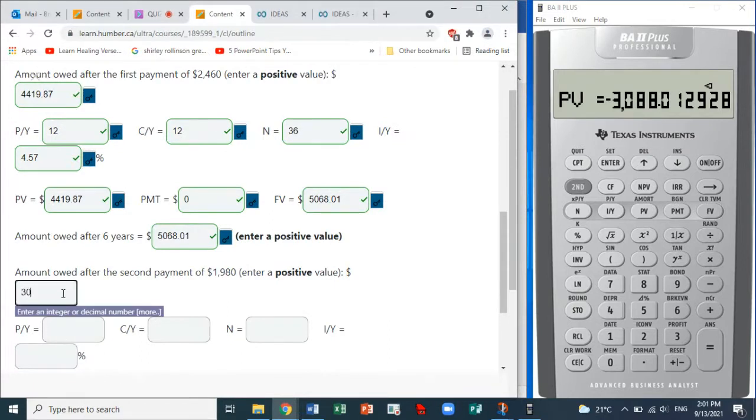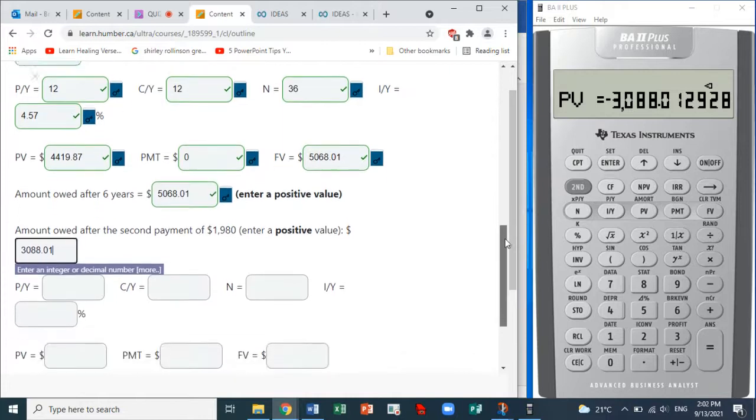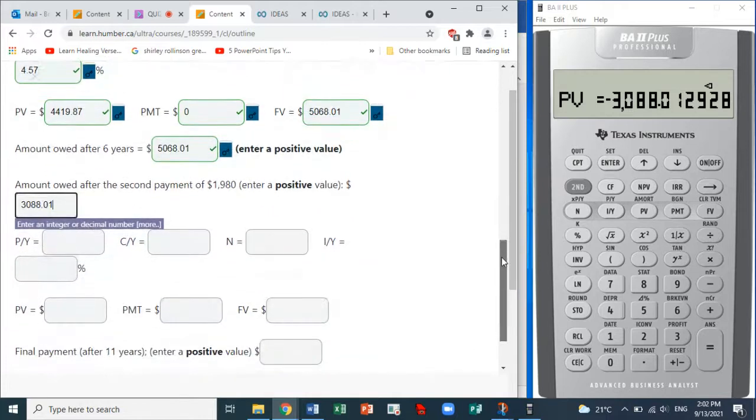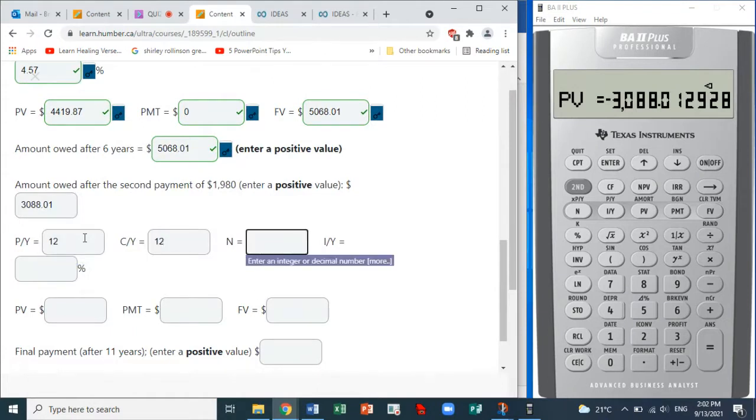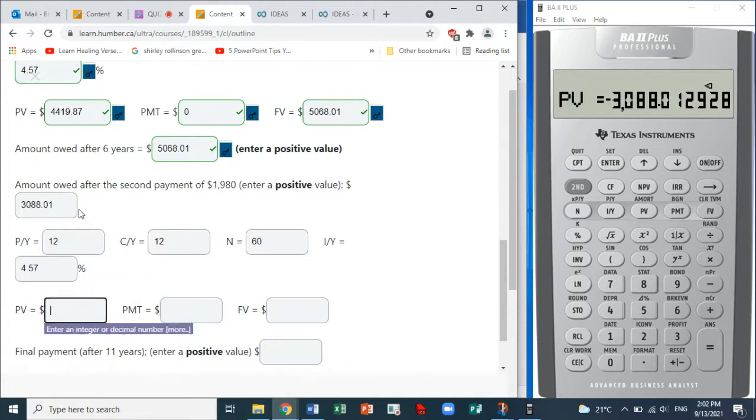Well, it's owing 3088.01, and that should be correct. Let's say we don't bother with the checking. This PY is still 12, CY is still 12. Now it's 5 times 12, so this should be 60. And this is still 4.57, that is the interest. Present value now is this number right here.